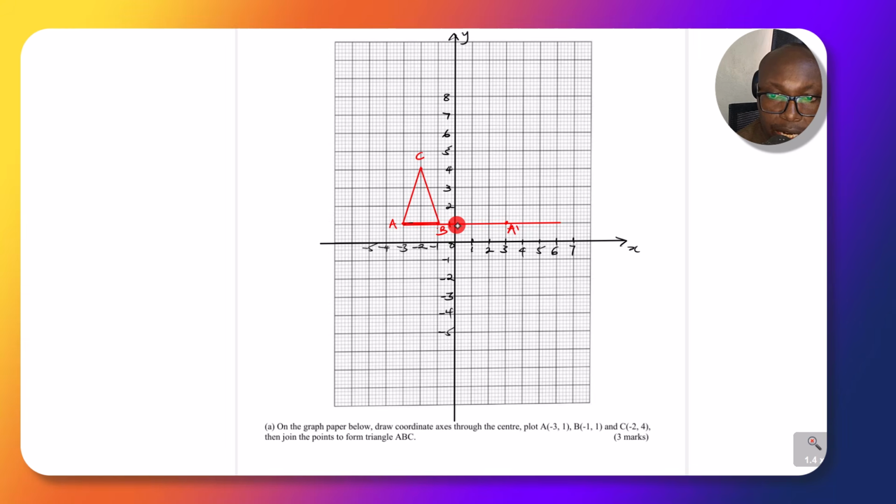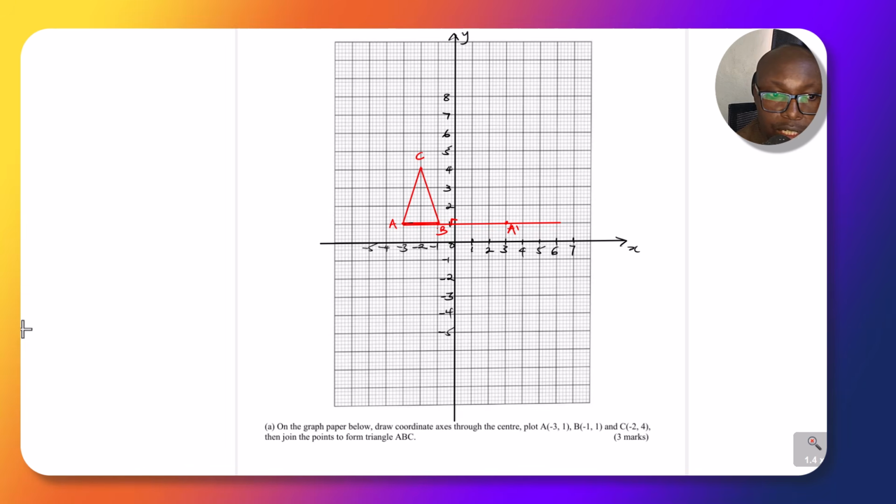From the mirror line to A prime, the distance should be the same, 3 units as well. And the line connecting A to A prime should meet the mirror line at 90 degrees. It should be perpendicular.